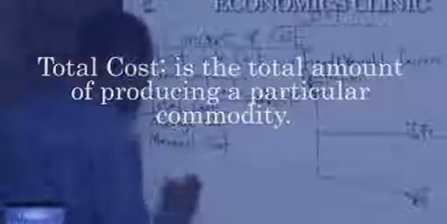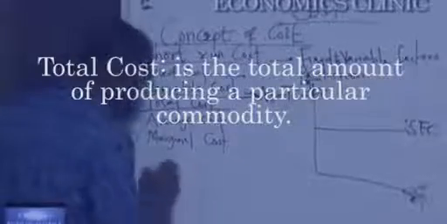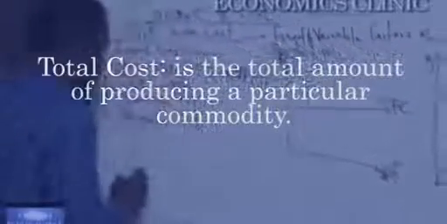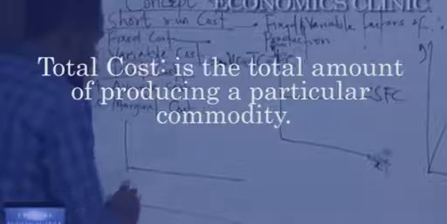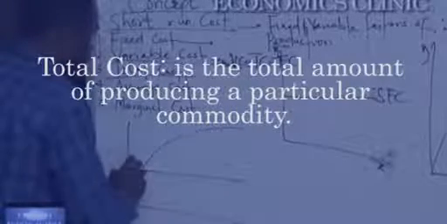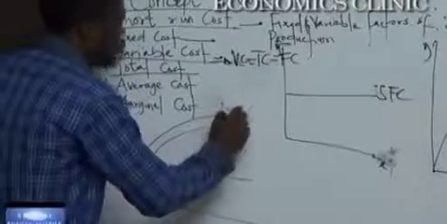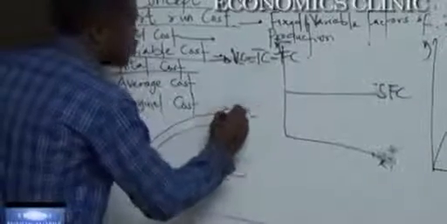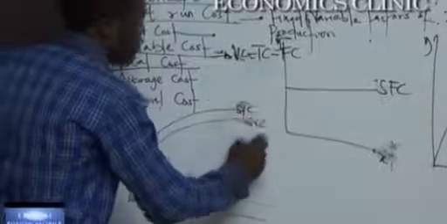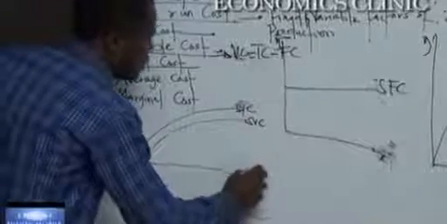And this is graphically represented when you have fixed cost plus variable cost. Now we have this to be total cost or short run total cost. Then we have short run variable cost and we have short run fixed cost.